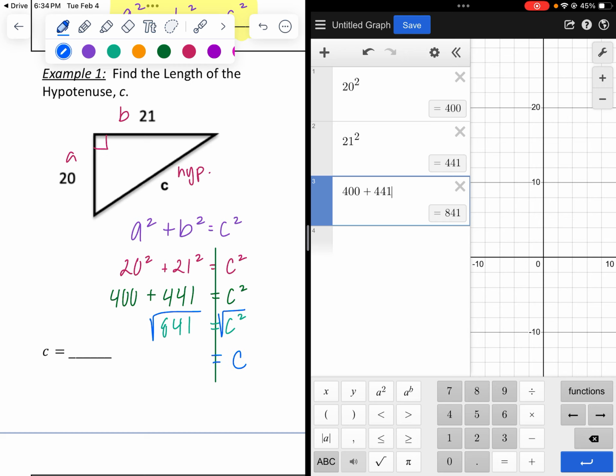That gives me C. So when I'm plugging into my calculator, I'm going to plug in the square root of 841, and that gives me a value of 29.